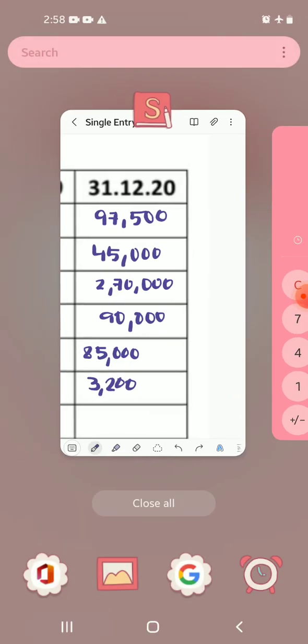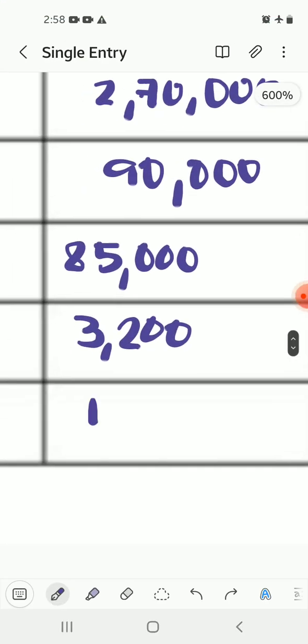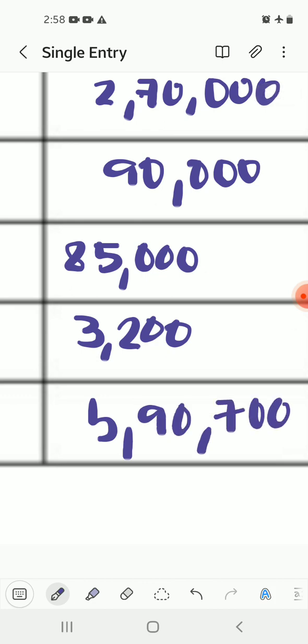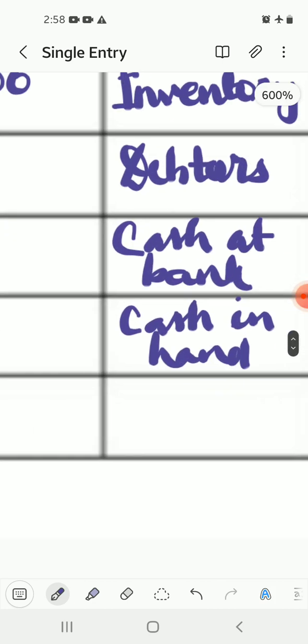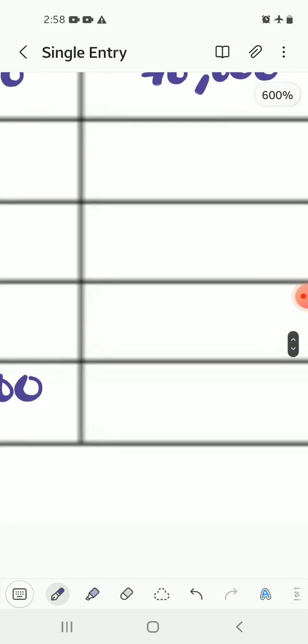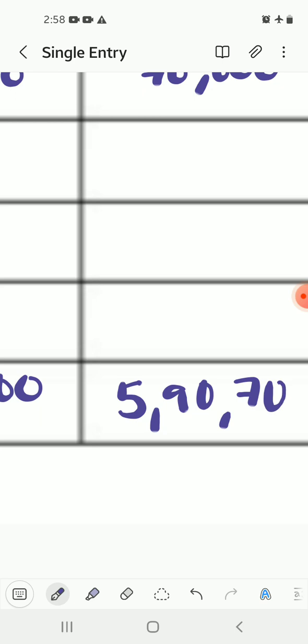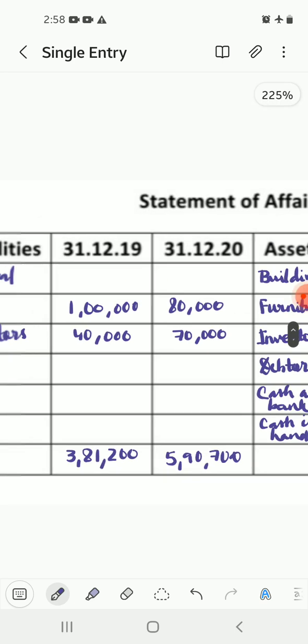It comes to 5,90,700. Write it over here, and write the same figure here. 5,90,700.